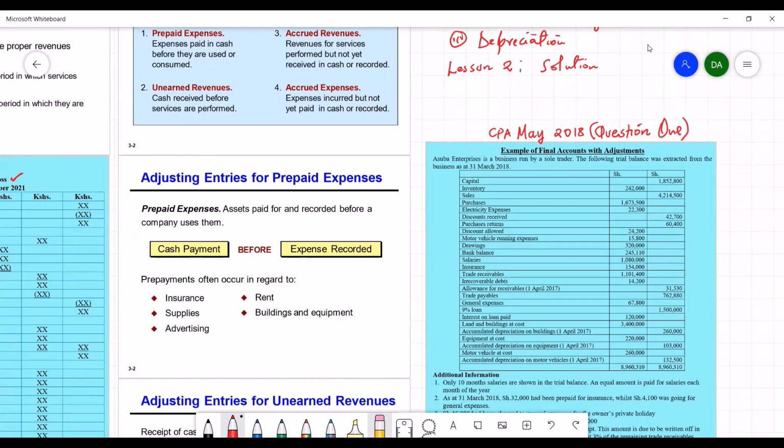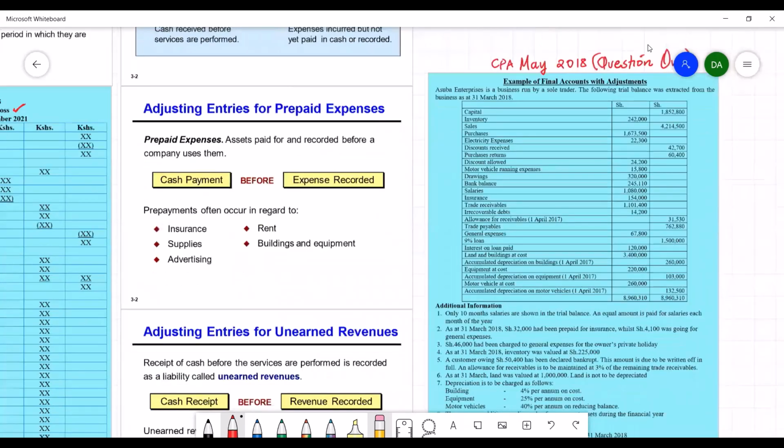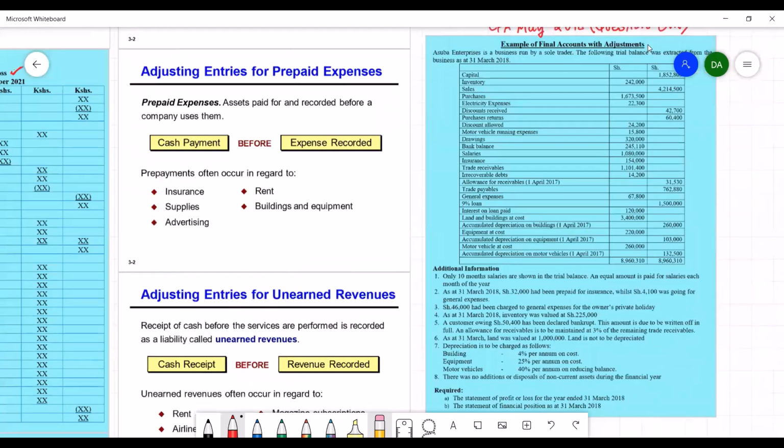In that preparation, I'm going to incorporate the various adjustments which you can see here in the additional information. And as we do that, we are going to prepare the statement of profit or loss and the statement of financial position to equip you with the knowledge and the skills you require to prepare the final accounts in whichever situation you are in.